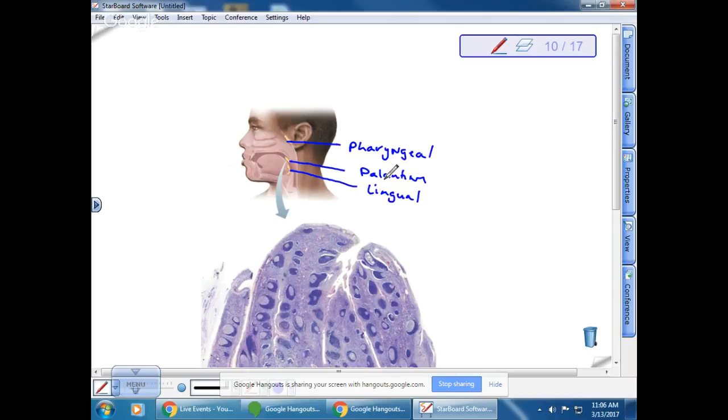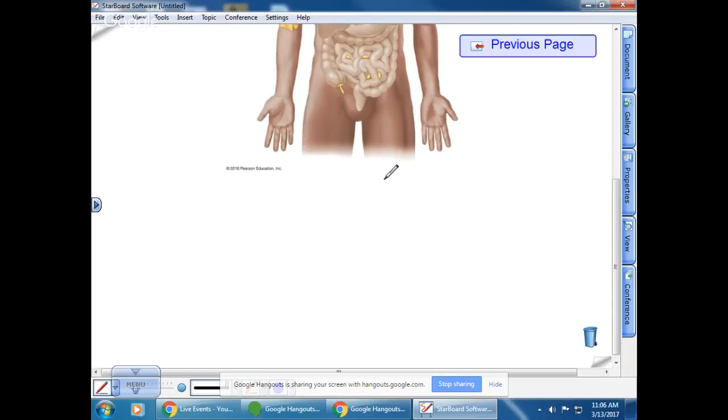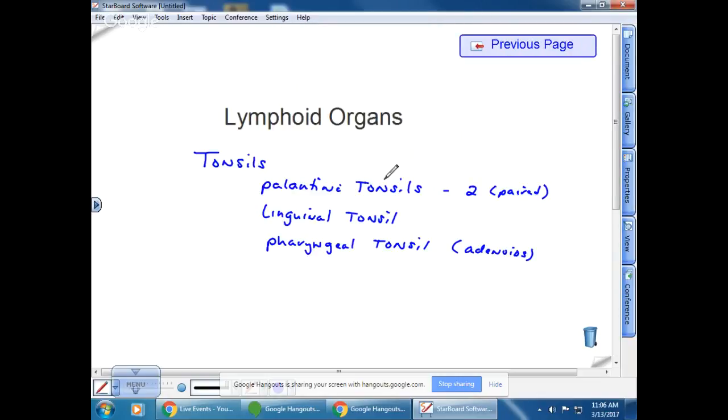One of the things that's really interesting about these nodal tissues, and specifically the tonsils, is that they have crypts in them. These are actually specially designed to capture debris, right?